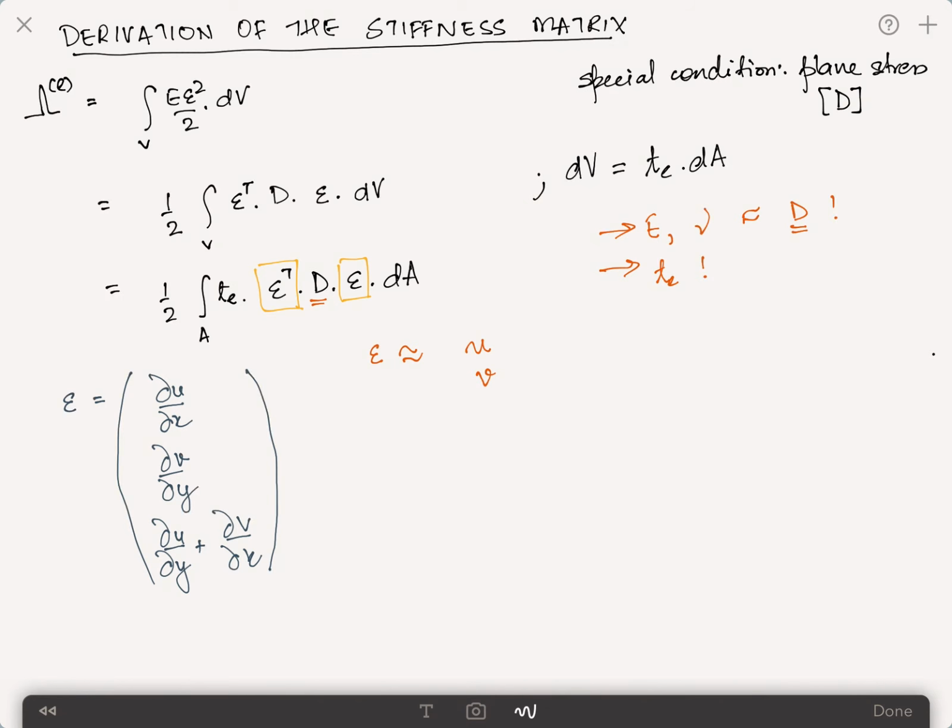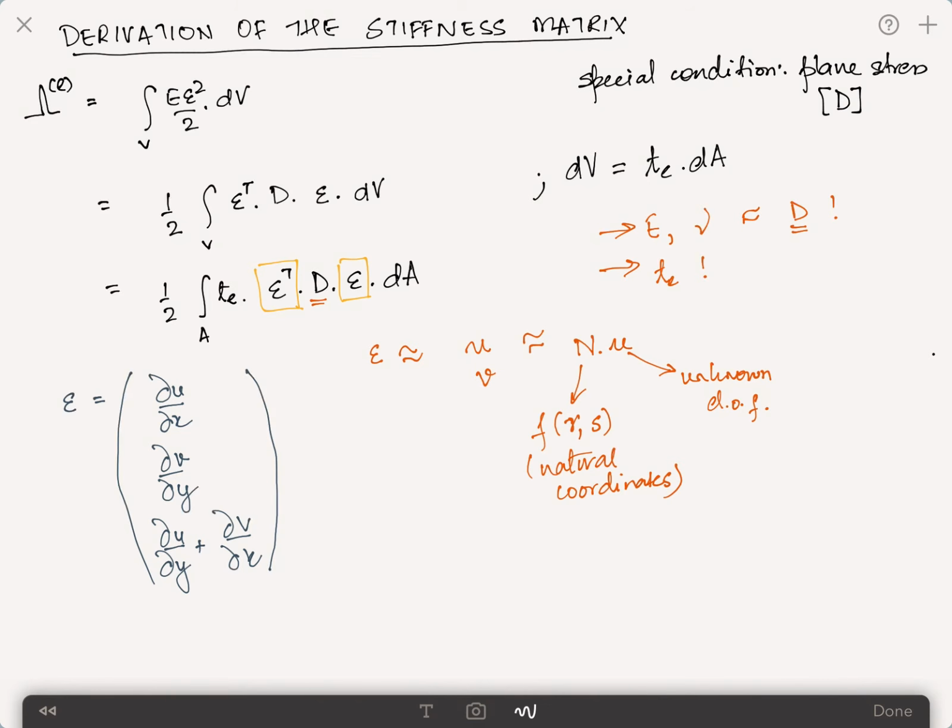The displacements u and v are described by means of shape function times the displacement. The shape functions are a function of r and s, which are in the natural coordinates, because we already did that for the description of the element in the previous section. And the displacement behavior is just the unknown degrees of freedom in the system.